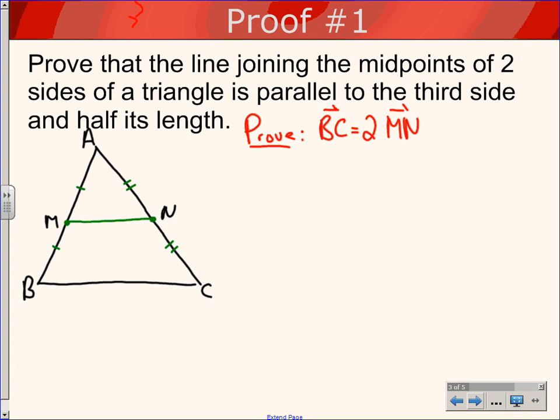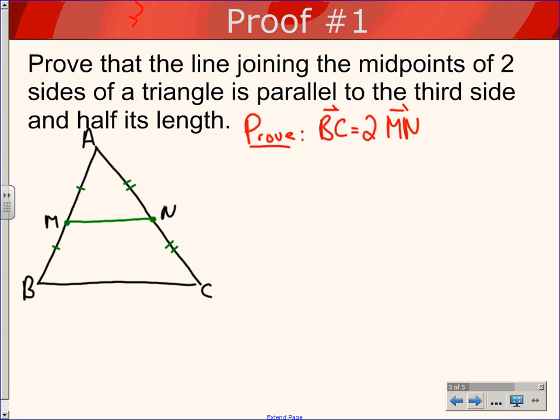Can I prove that vector BC is actually exactly the same as two vector MNs? That's the hope. And if I can do that, it's saying two things, right? The fact that the 2 is there means it's a multiple of each other, means they've got to be the same direction. And the fact that it's specifically a 2 means that BC is double the length of MN.